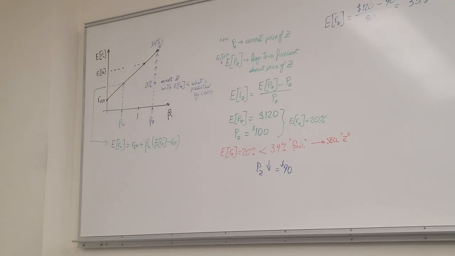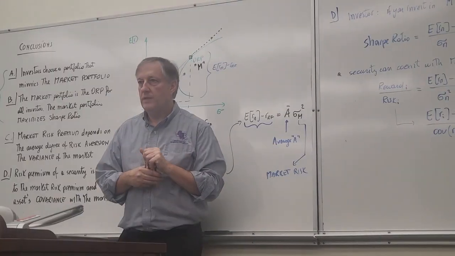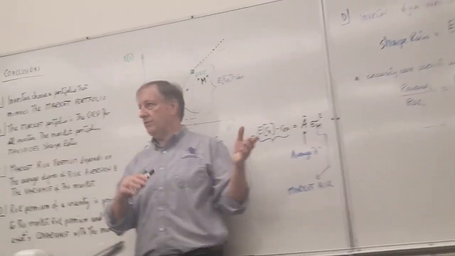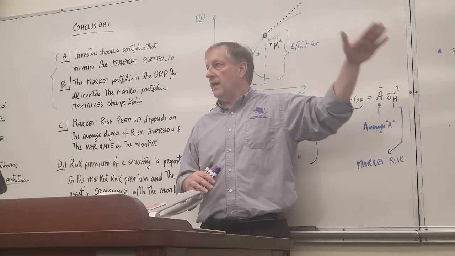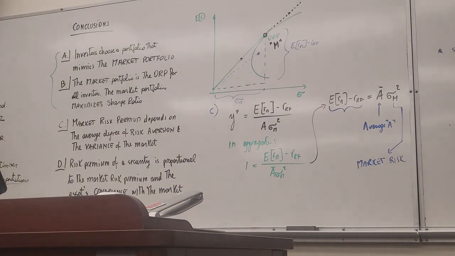So that's pretty much what this model is implying. Under all those conditions, the relationship between the returns of assets and their risk is naturally pushed towards that line. And the equation of that line is this. Okay? Questions?